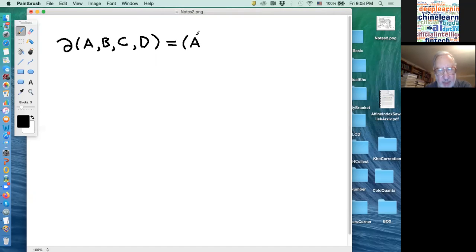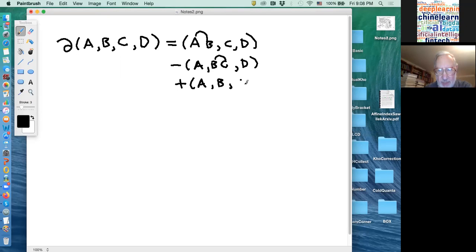A is connected to B, and C and D are left alone, minus A with B and C connected, and D is left alone, plus A and B and C and D are connected. So I make them into one object, one surface object.